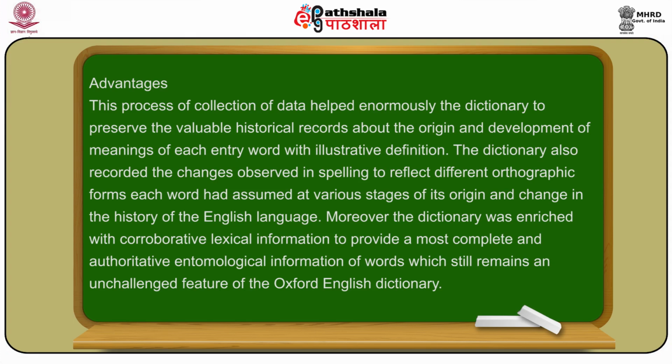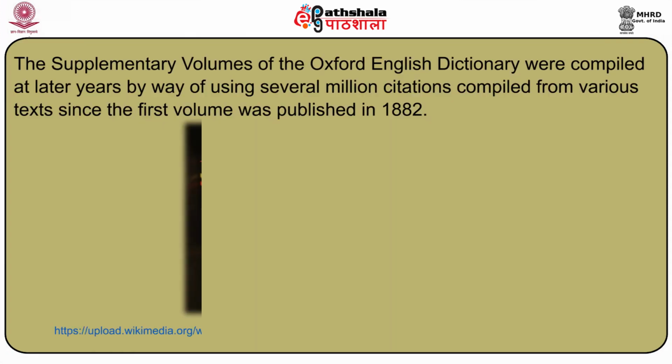So our observation is that Oxford English has become so authoritative, so valuable, just because the information and data are all collected from actual language use, not from intuitive collection. So here lies the importance of empirical data in the task of dictionary compilation.